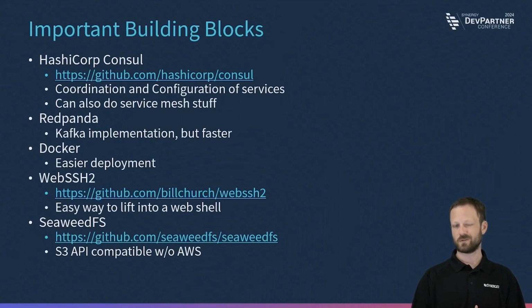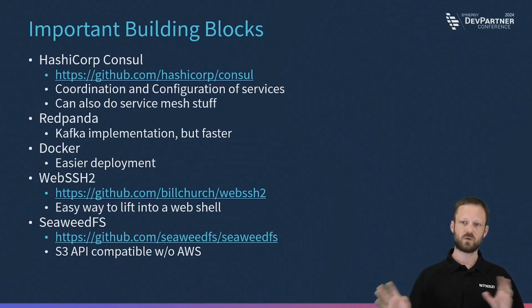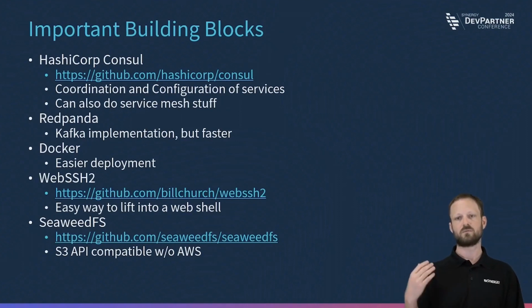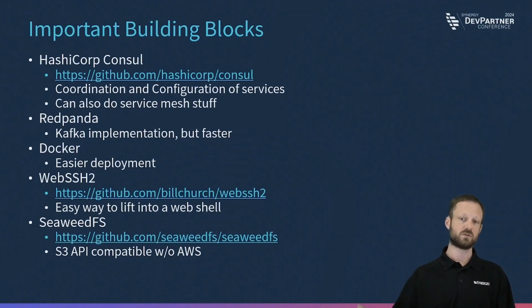This thing is really made for doing service mesh, but we're using it for coordination and configuration of our services. It makes a really handy way to do resource locking between the different nodes in your environment, and also getting configuration data down to individual nodes.